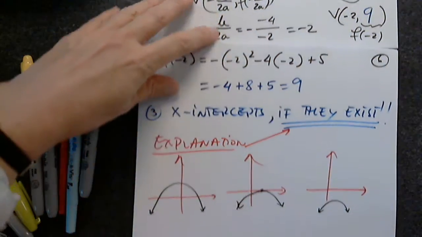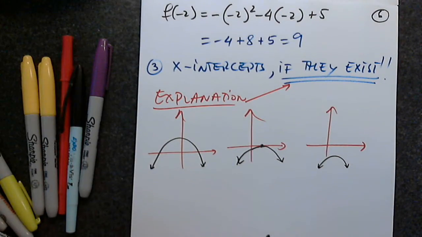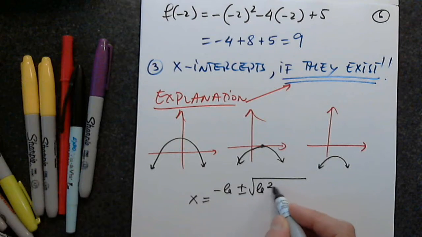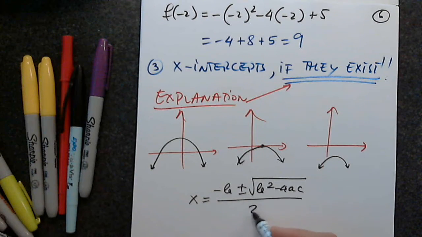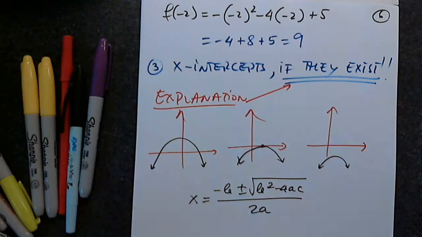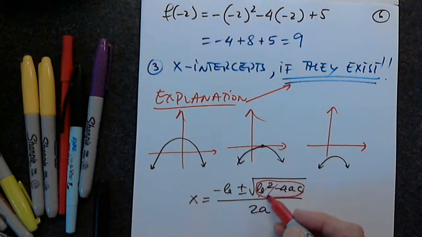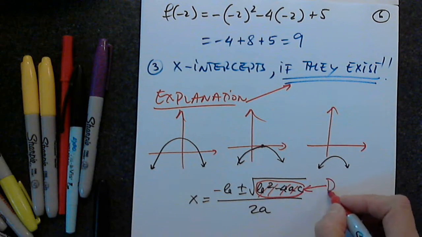Okay? So let's also connect this to the quadratic formula. Now, if you remember, the quadratic formula, and I know you remember, is this. This quantity, not the square root, just this quantity inside, is called discriminant.